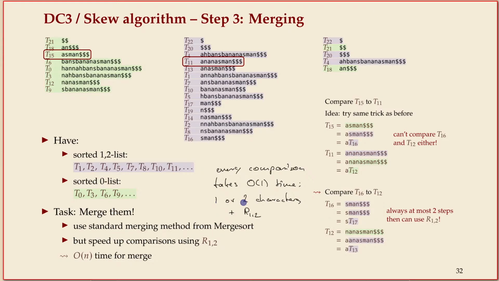And if they're the same, then you have to compare what R12 gives you, but then you've resolved the comparison. If every comparison takes constant time, then the overall merging algorithm takes time linear in the size of the output. That's the same analysis as we've looked at in Unit 3. So with that, we could actually do the merging in linear time too.